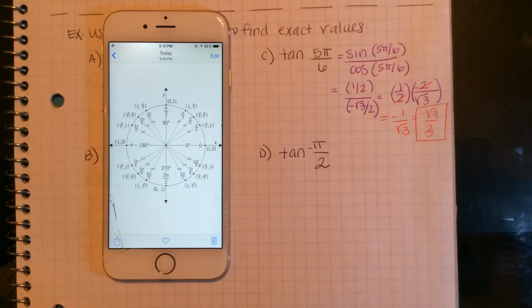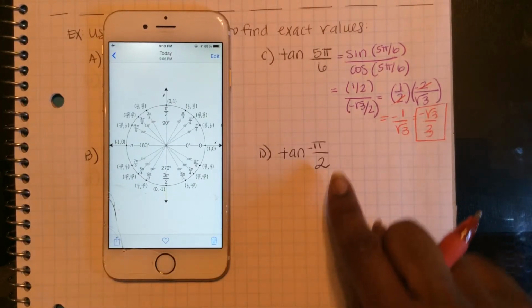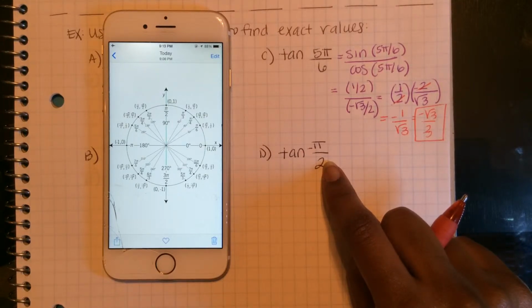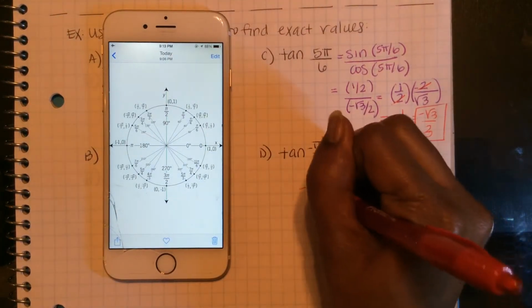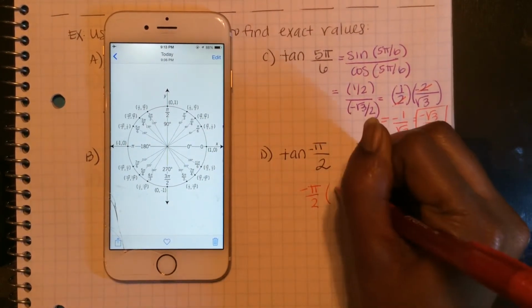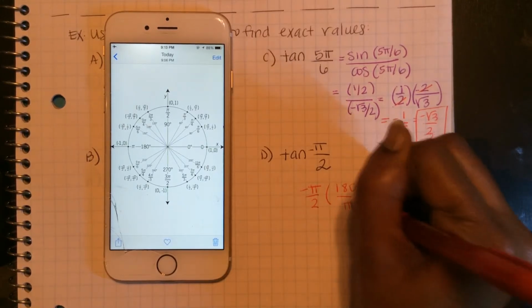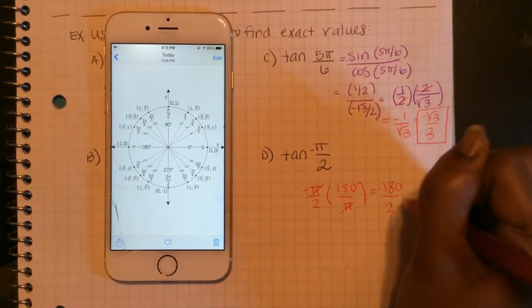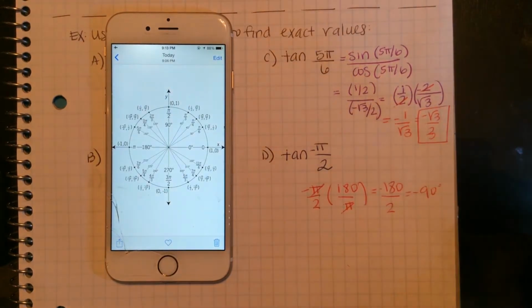So now tangent of negative pi over 2. Negatives, remember we need to add 360. But I need to convert this back into degrees, so I can do that. Negative pi over 2 times 180 over pi, that cancels. Negative 180 over 2 is negative 90.